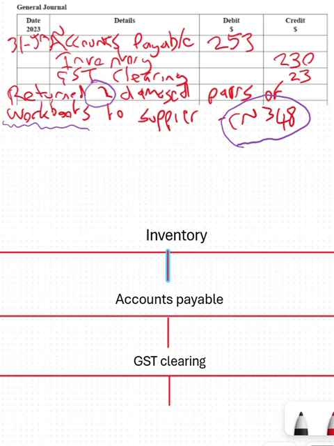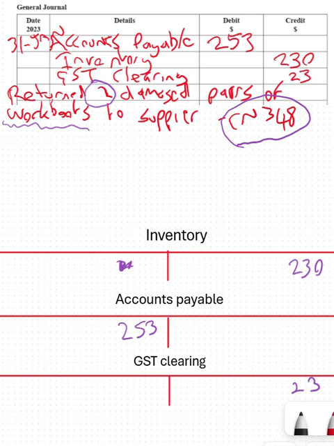Now, if we were posting this to the GL, let's just have a look at what we've done here. We've got a $230 credit in our inventory account. We've got a $23 credit in our GST clearing, and we've got a $253 debit to our accounts payable.